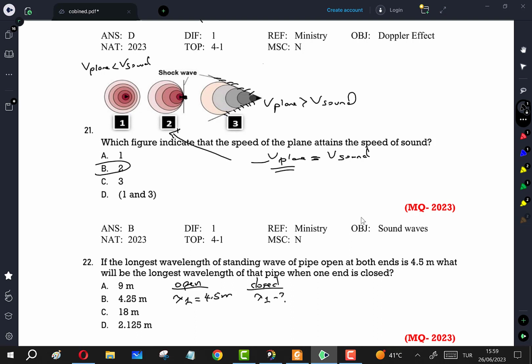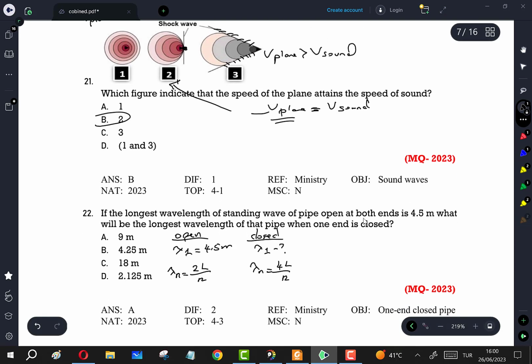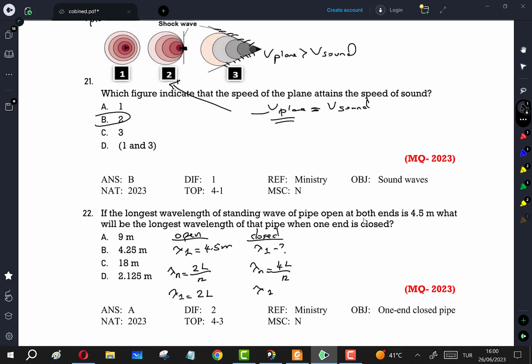We know that for an open pipe, the wavelength which produces a standing wave is calculated by the equation lambda n equals 2L over n. But for a closed end pipe, it's 4L over n. So for the first harmonic, the longest wavelength, lambda 1 is equal to 2L for open. For closed, lambda 1 is equal to 4L.